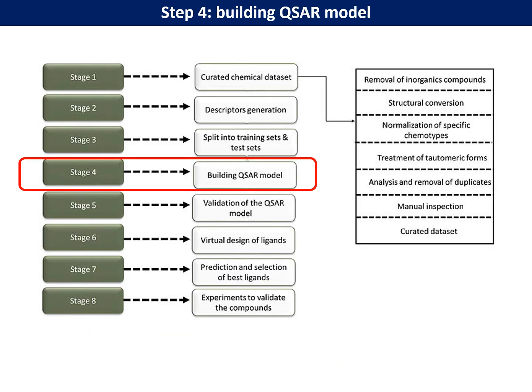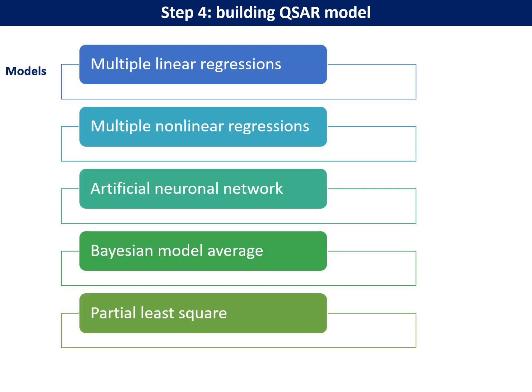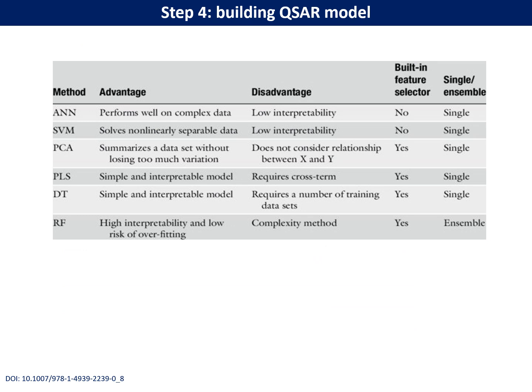After you split the data, you will go on to build the QSAR model. In this step, you can use a lot of models, for example, multilinear regression, multi-nonlinear regression, artificial neural network, Bayesian model average, and partial least squares.